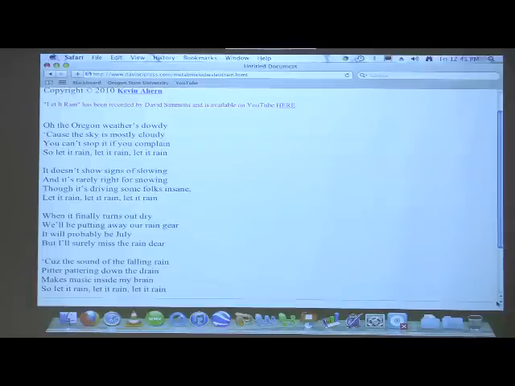When it finally turns out dry, we'll be putting away our rain gear. It will probably be July, but I'll surely miss the reindeer, 'cause the sound of the falling rain, pitter-pattering down the drain, makes music inside my brain. So let it rain, let it rain, let it rain.